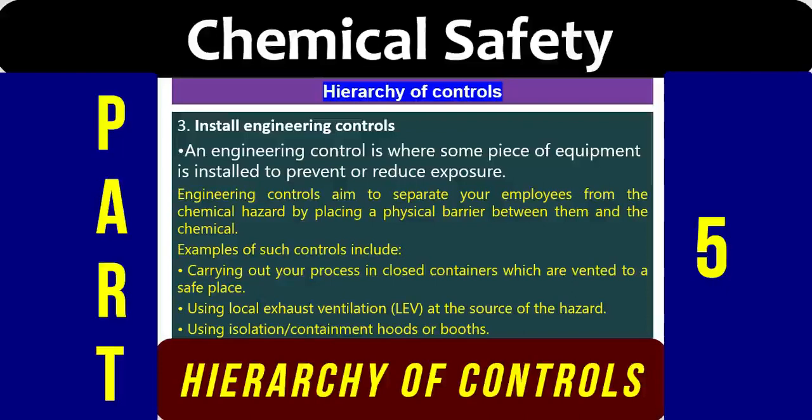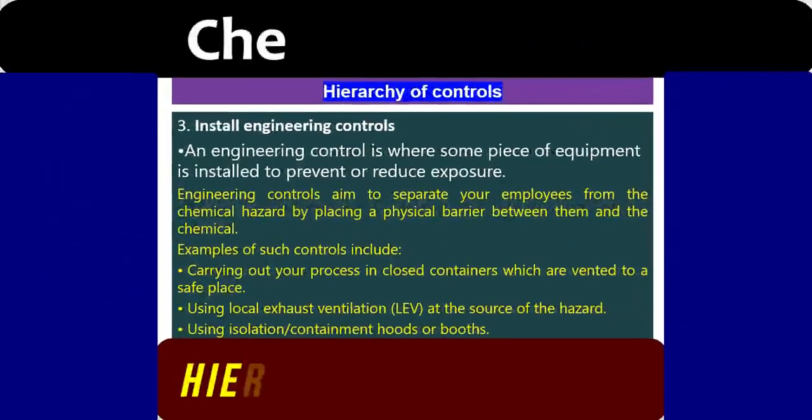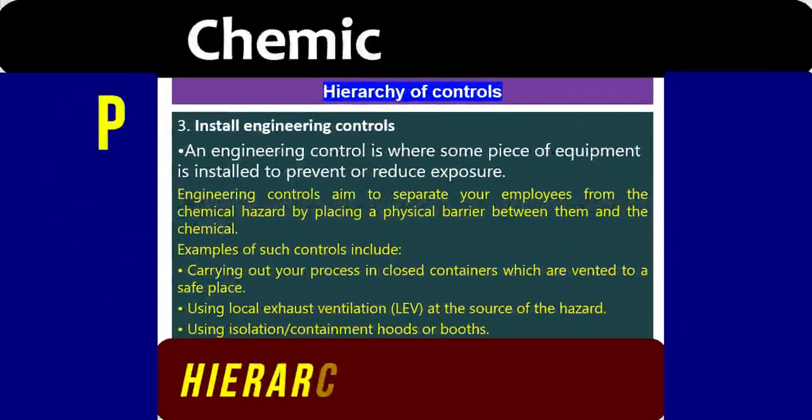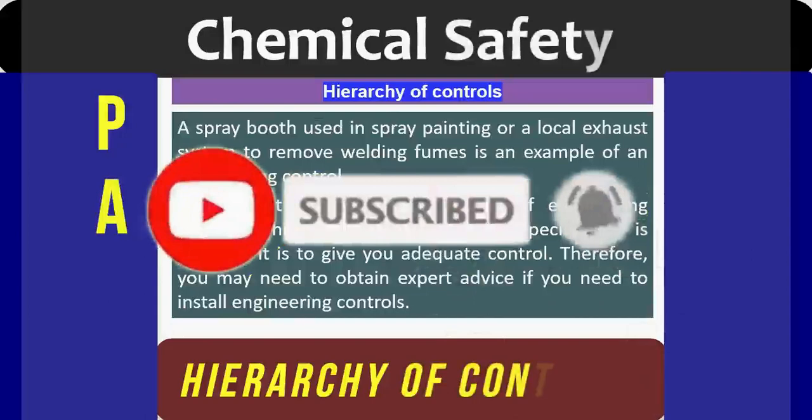Examples of such controls include: number one, carrying out your process in closed containers, which are vented to a safe place. Number two, using local exhaust ventilation, LEV, at the source of the hazard. Number three, using isolation, containment hoods, booths. These are the different examples of engineering controls.